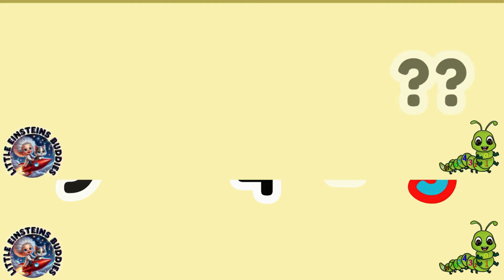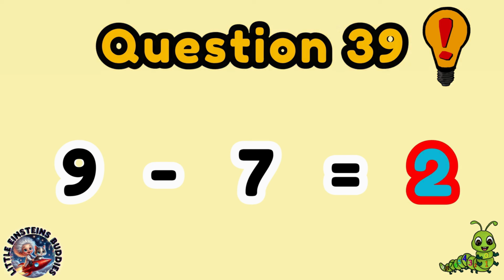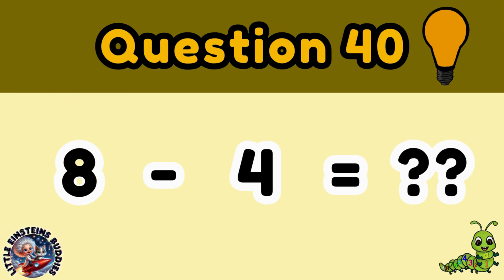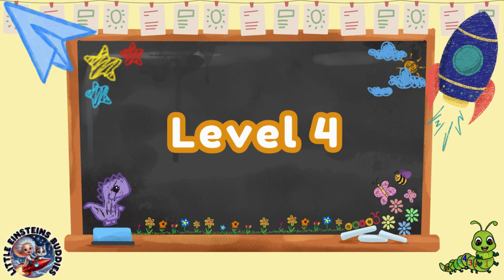Five. Question 39. 9 minus 7 is equal to. Two. Question 40. 8 minus 4 is equal to. Four. Incredible kid! Now you are left with the last level.